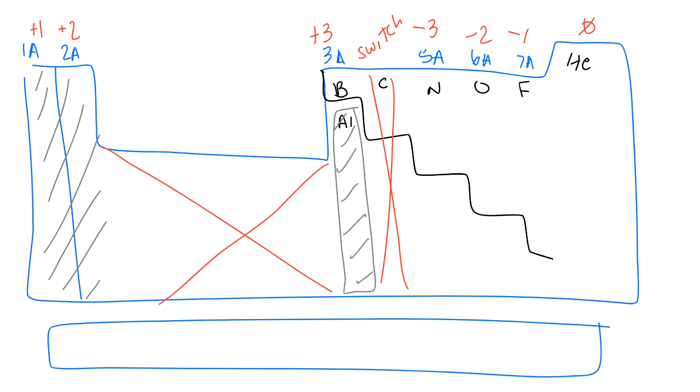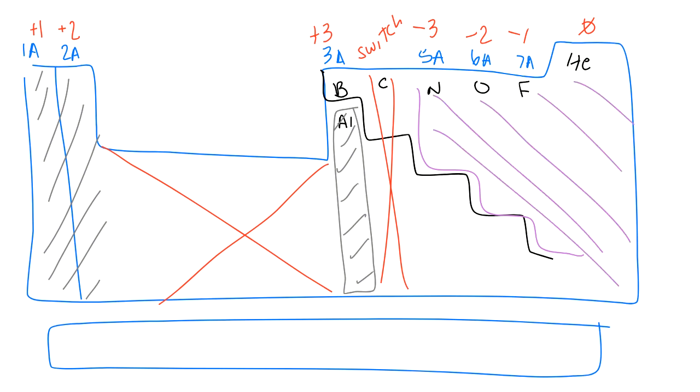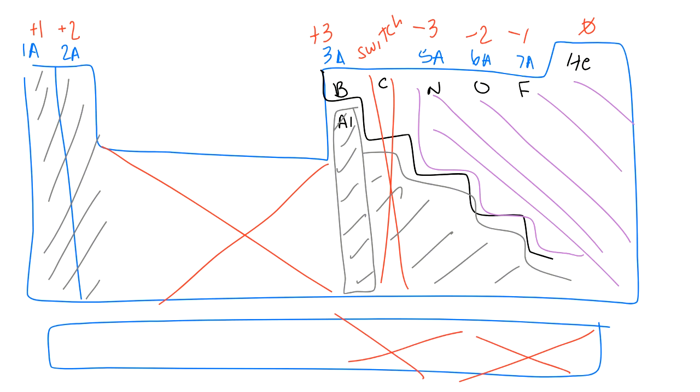Now again, when we're talking about the negatives, we're talking specifically about the nonmetals, right? And so the nonmetals are everything from here on out, right? Those are nonmetals, and then metals are below this line. So the gray is our metals, the purple is our nonmetals. And again, we are not going to be discussing the rare earth metals down here, so don't even worry about them.